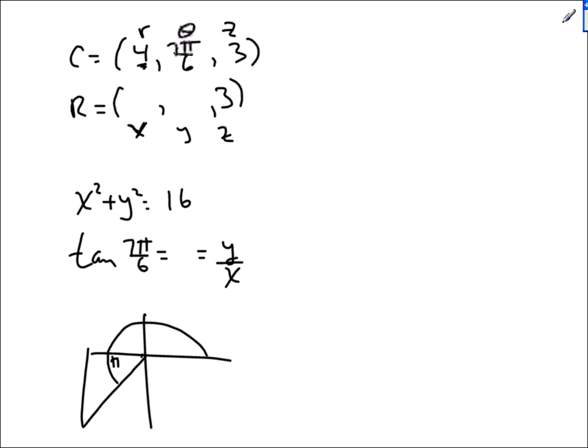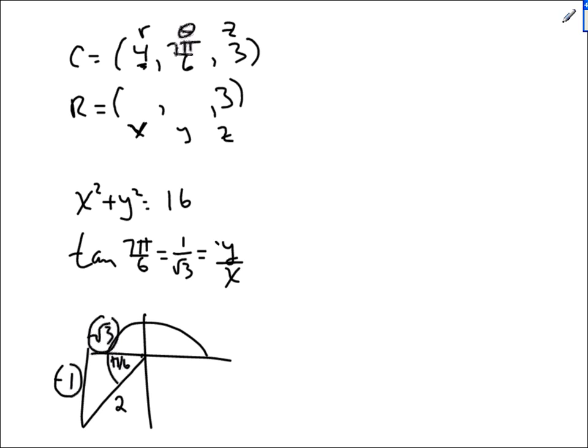This angle is pi over 6, 30 degrees. 1, 2, square root of 3, negative, negative. The tangent of pi over 6 is negative 1 over negative square root of 3. It's 1 over square root of 3.